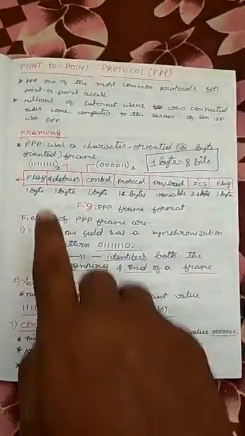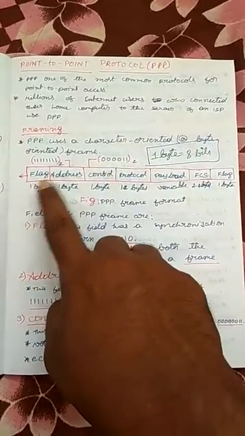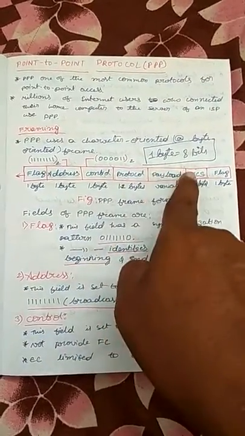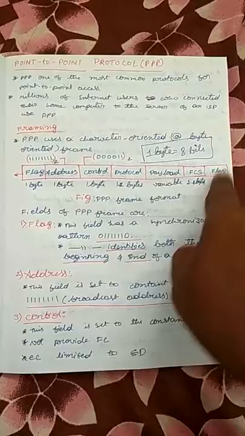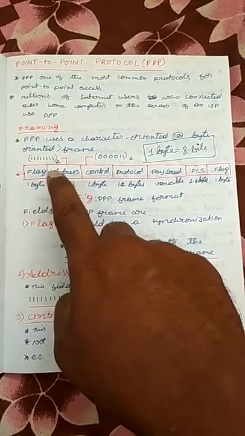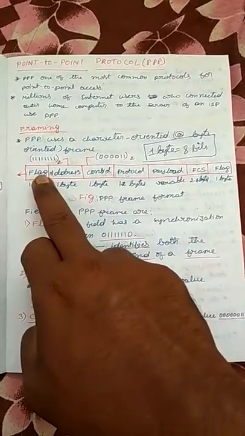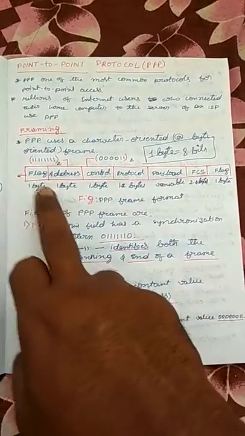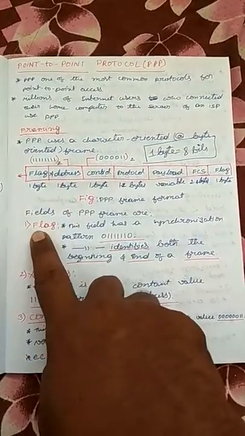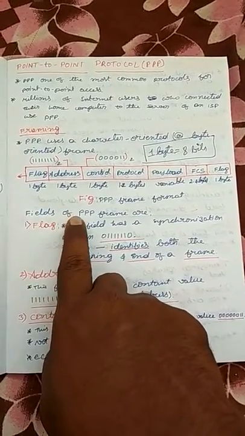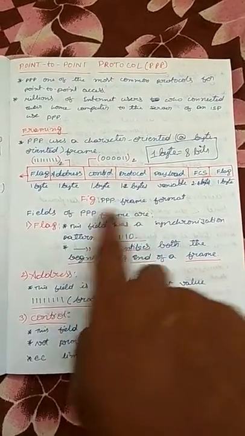It contains 1, 2, 3, 4, 5, 6, 7 fields. Each one of these you are going to call a field. The first field of the PPP frame is the flag.